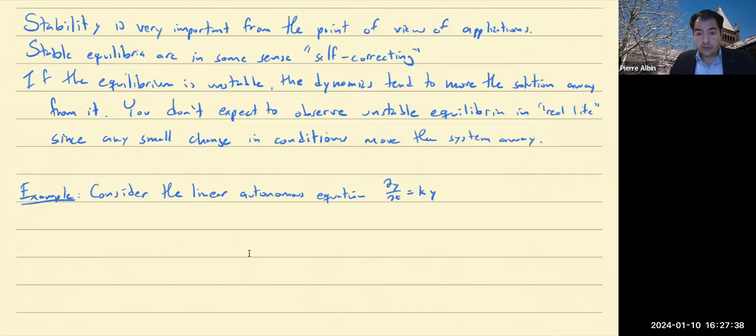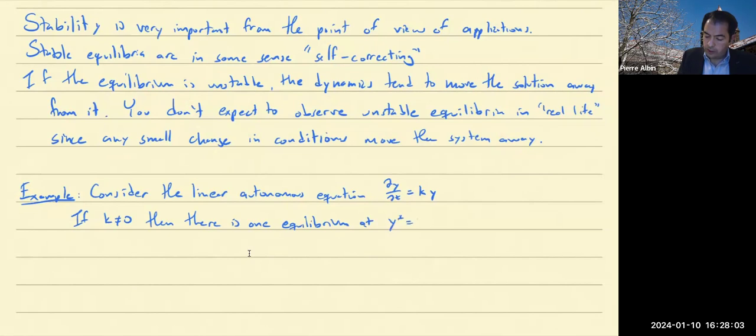Linear homogeneous autonomous equation, right? So if k is not equal to 0, then there is one equilibrium point at, let's call it y star equal to 0, right?